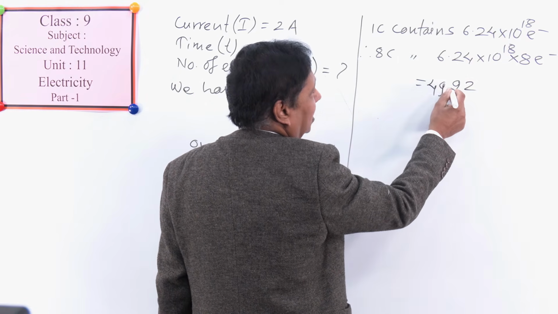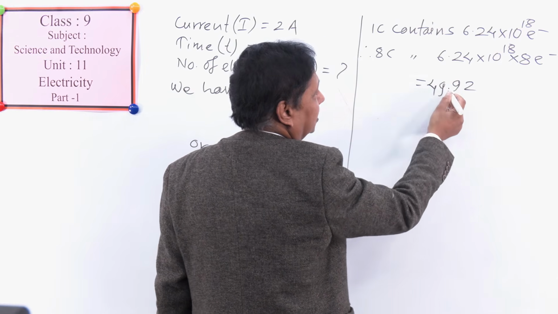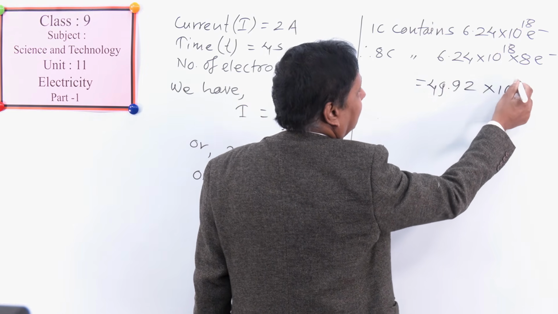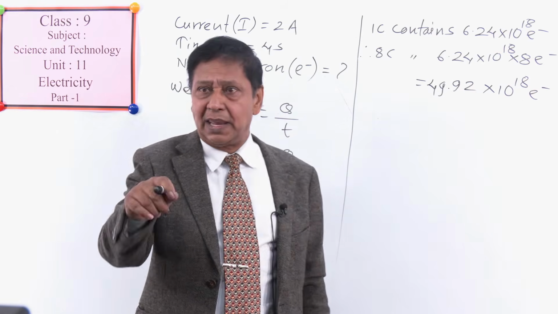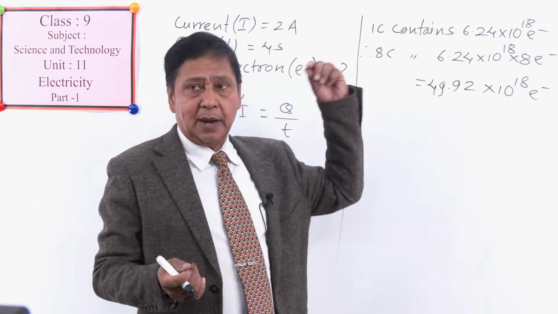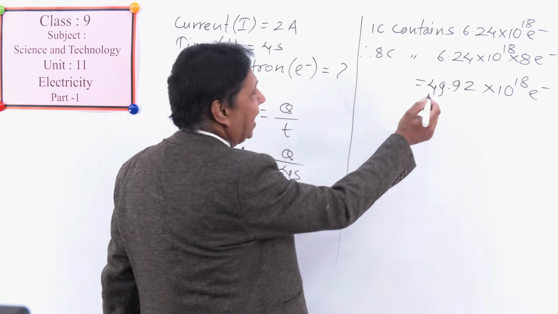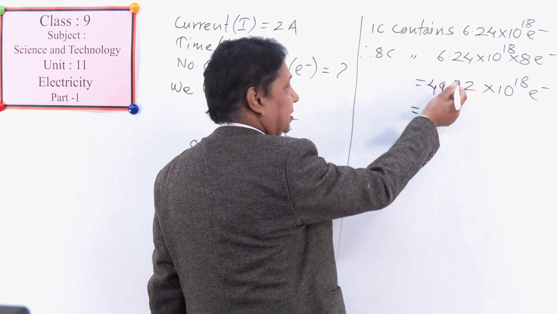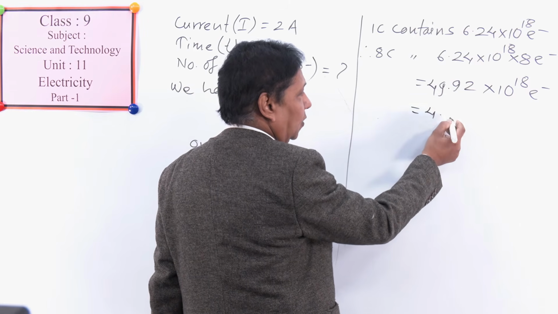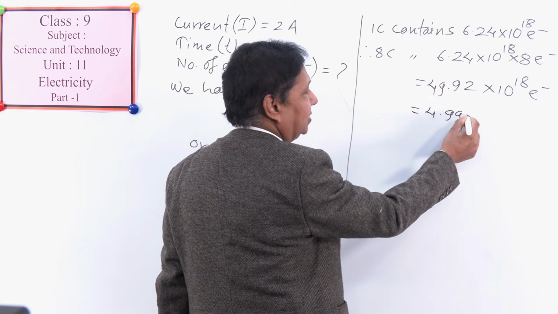Now after the point there are 2 digits, so we have 49.92 into 10 to the power 18 electrons. But I think I told you many times in the chapter on motion also, we have to put the decimal point after 1 digit. That's why I'm going to shift it here, 4.992.